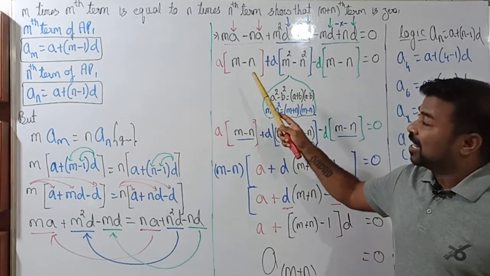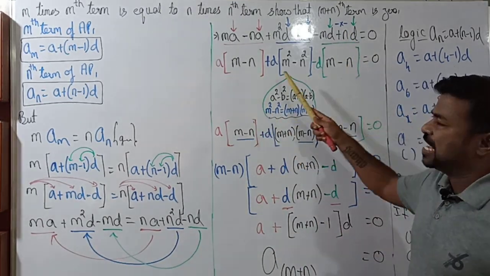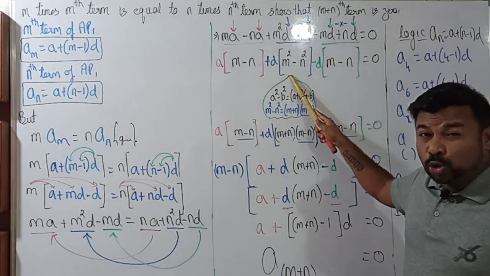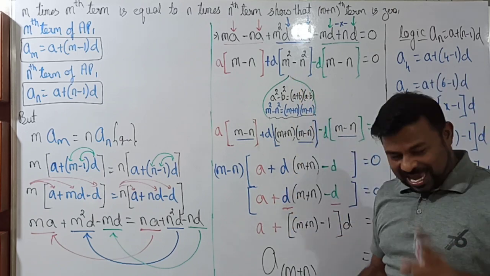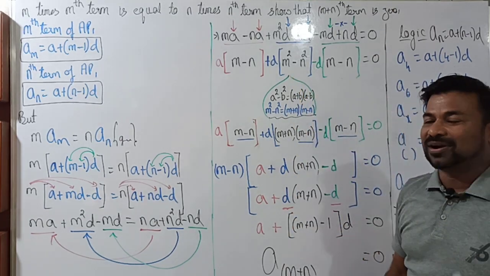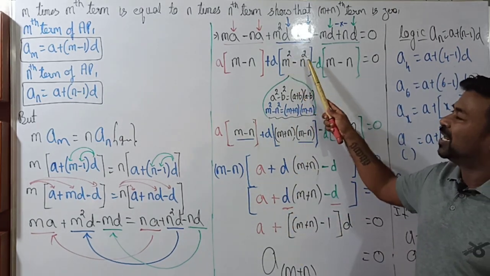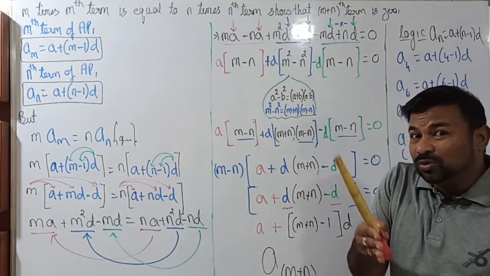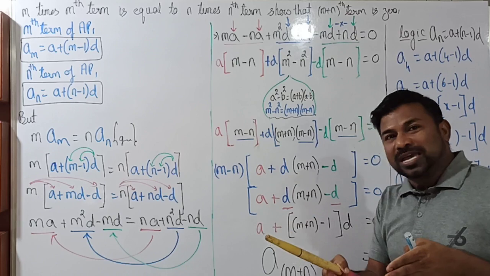Okay, you got it. Now the actual part, see here. Now if you check it out, m minus n, but do we have m minus n here? Yes, it's there. What you are guessing is right. So here it is m square minus n square, which is nothing but a square minus b square, which is nothing but a plus b into a minus b.